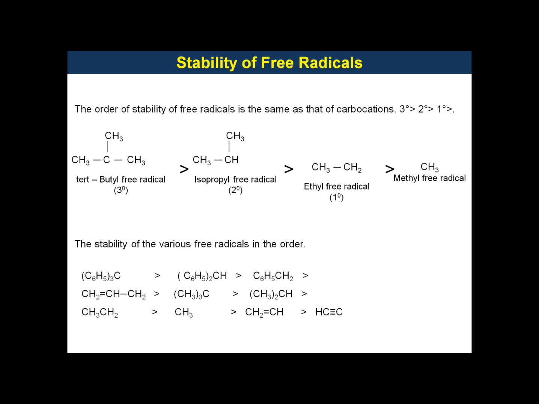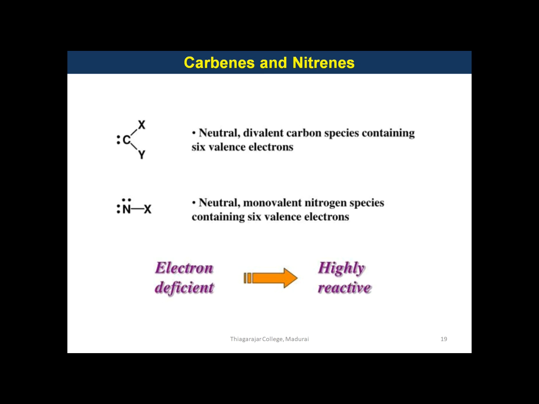So the next one is carbenes and also nitrenes. They are all neutral species. Carbenes are neutral species, have divalent carbon with an unshared pair of electrons in it. Nitrenes are analogous to carbene.